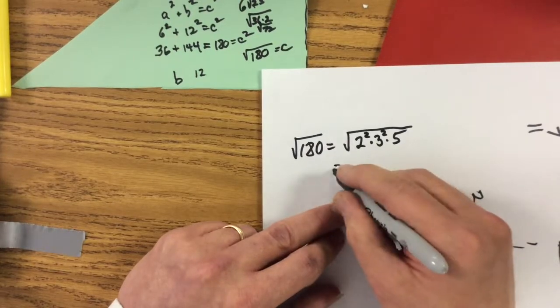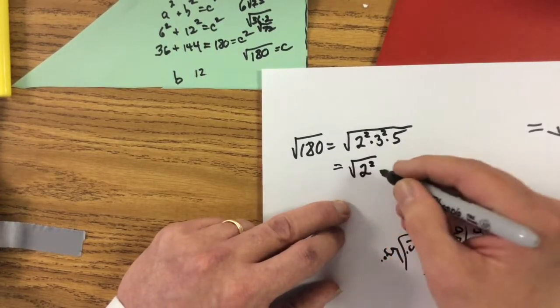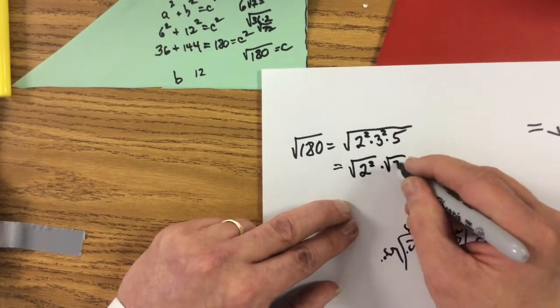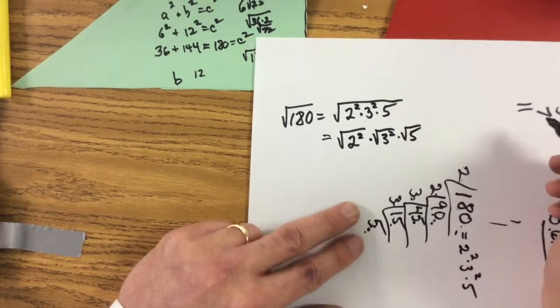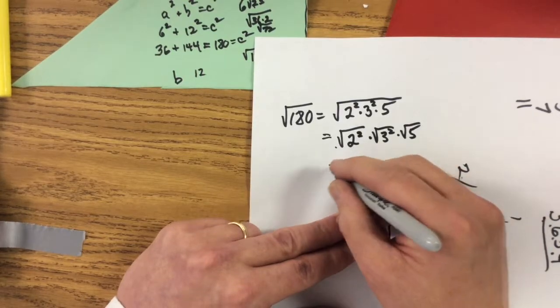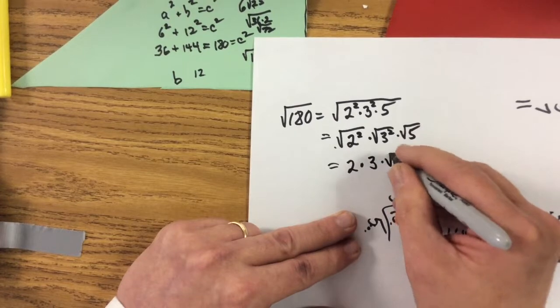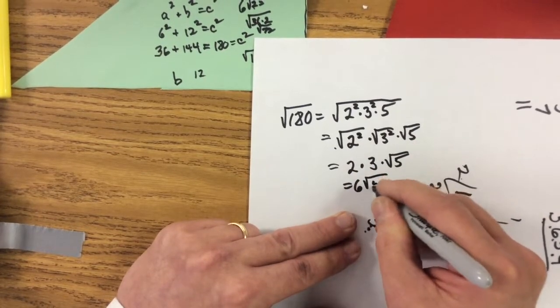And we know from the rules of radicals that this is the square root of 2 squared times the square root of 3 squared times the square root of 5. And if you're taking the square root of a square, you get a 2. Here you get a 3, and here you get the square root of 5. So the answer to this is 6 times the square root of 5.